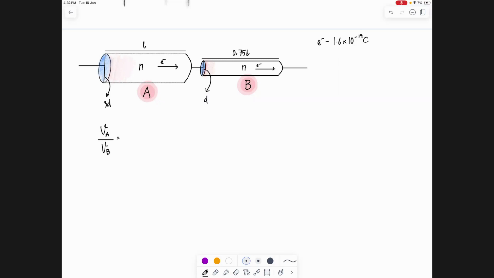It is an MCQ. If you're wondering, কত mark, 1 mark.